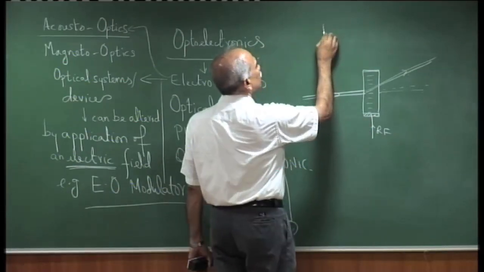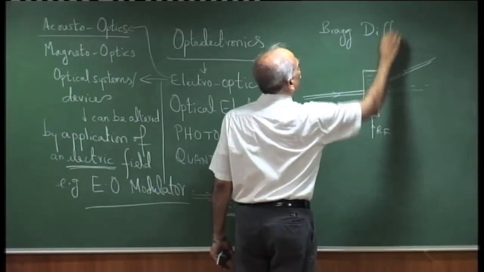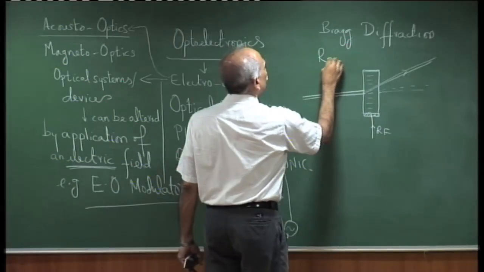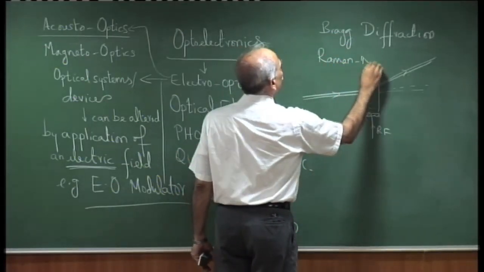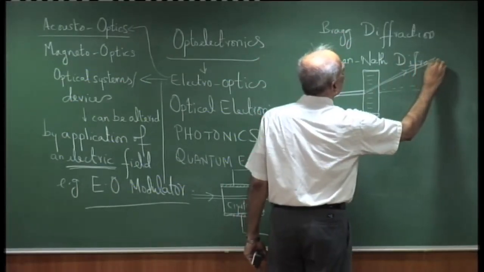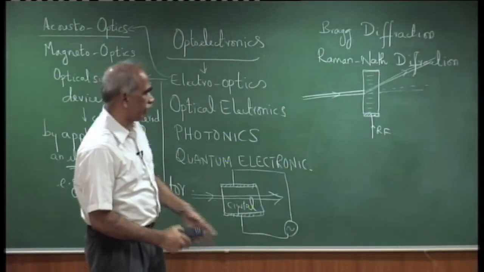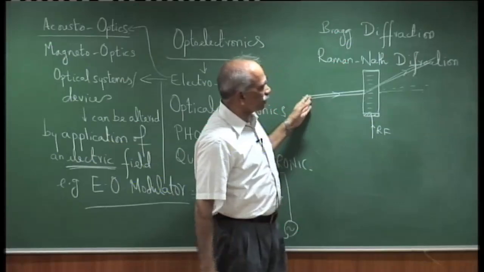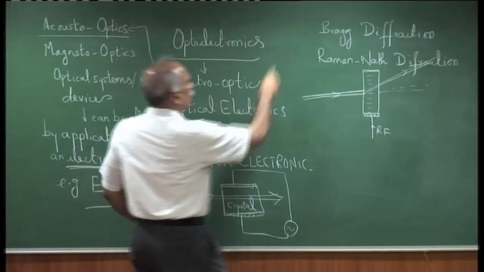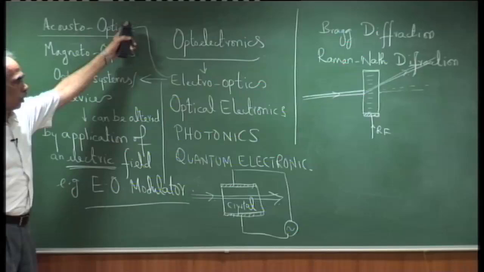There are two important effects, Bragg diffraction and Raman-Nath diffraction. In Raman-Nath diffraction, we get multiple diffraction orders, whereas in Bragg diffraction, if the phase matching condition is satisfied, then the entire energy can get transferred to a particular diffraction order. These are effects which are discussed in detail in acousto-optics.